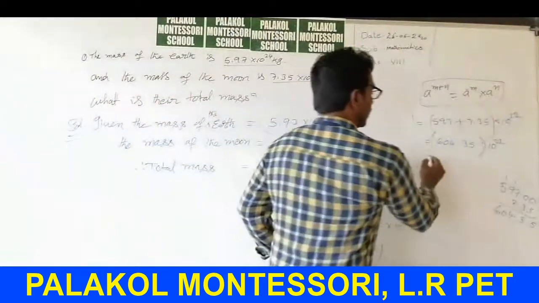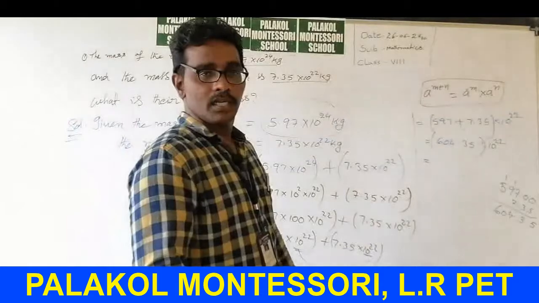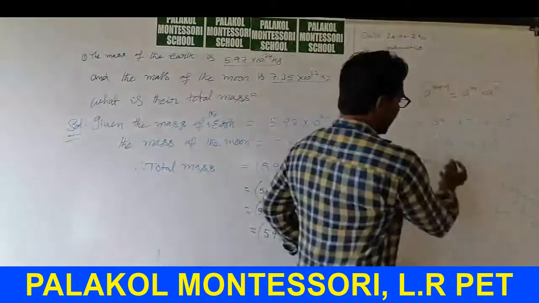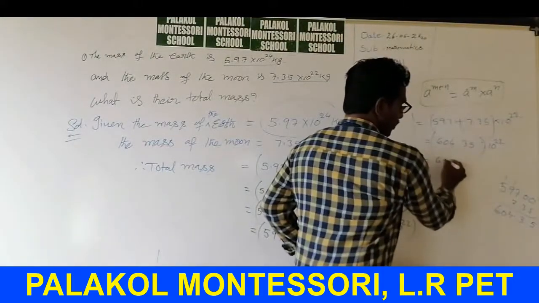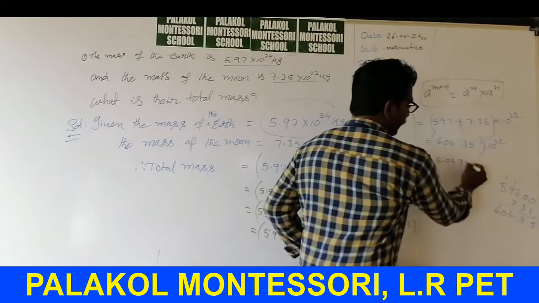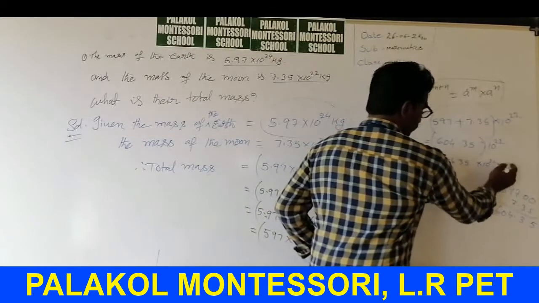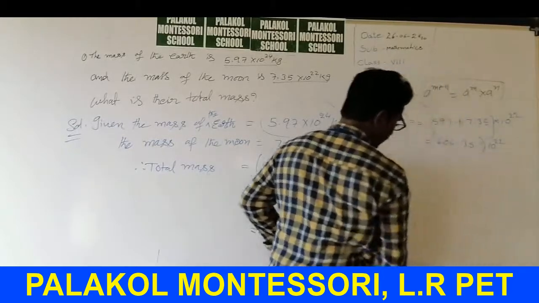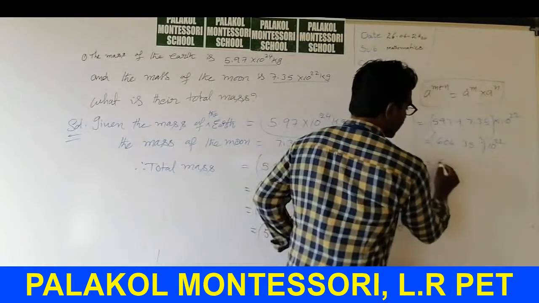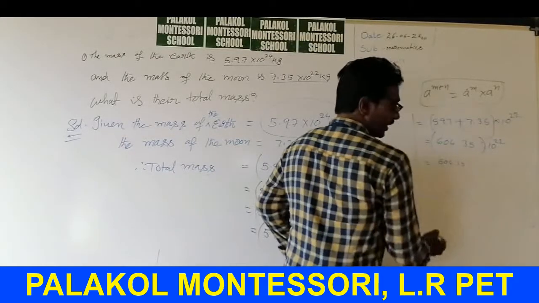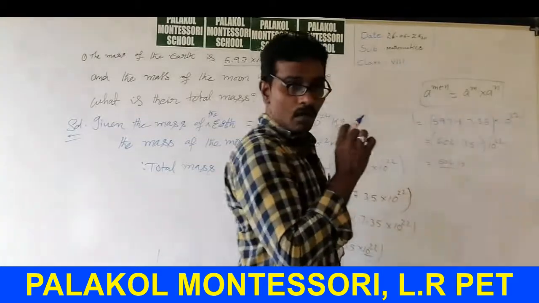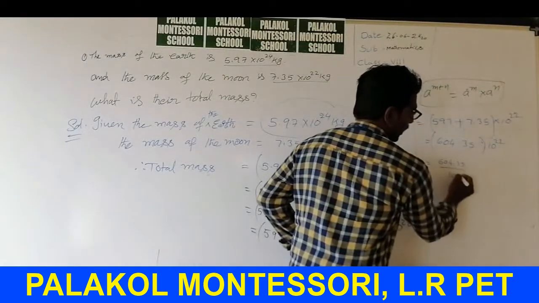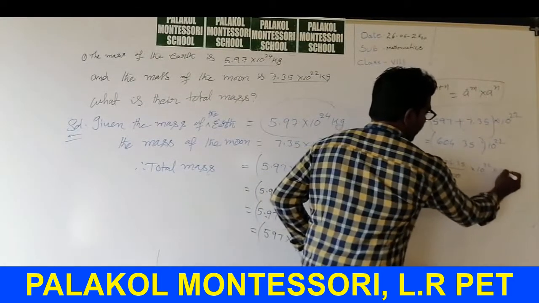So guys, here it's not a standard form. Actually it is the total mass, but it's not a standard form. When you write the standard form, 606.35 by 100, into 10 power of 22 into 10 square.